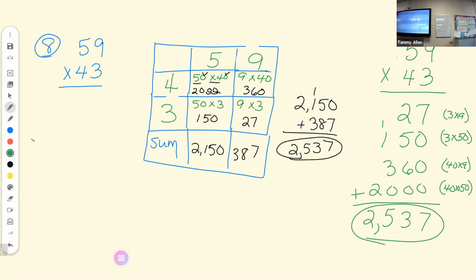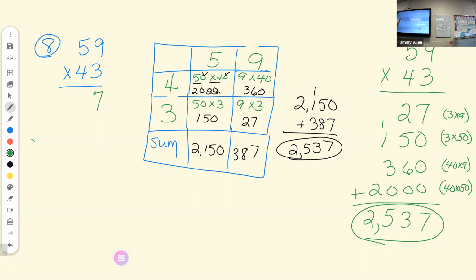All right? Now again, your parents probably never did this method. And here is what your parents get. Right here. We're going to do it right here. 9 times 3 is 27.